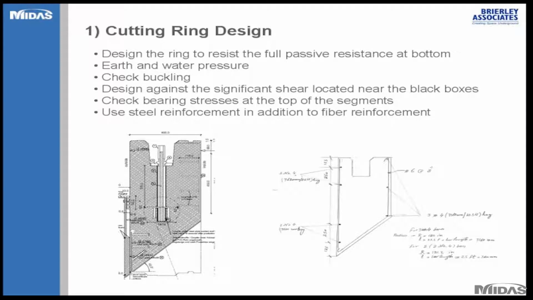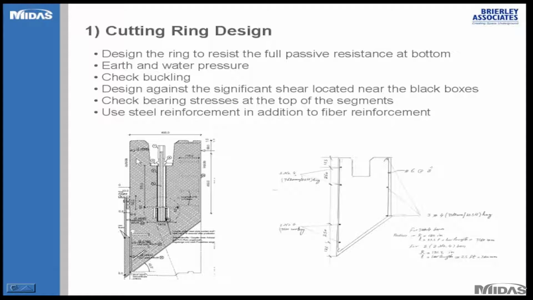The first item is the cutting ring shoe, and this is a critical ring because it supports the whole shaft and can also be jacked into the ground to cut into the soil if you have to. If you look to the left, the drawing shows a 2-inch protrusion behind the cutting ring segment.